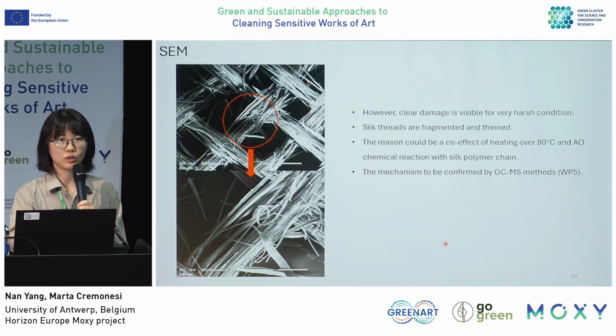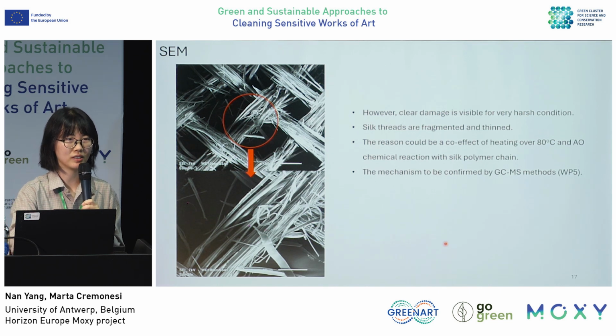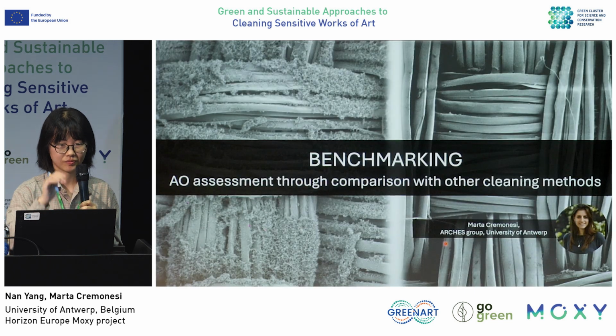the reaction between the silk and atomic oxygen, together with the heating effect. But this also is one of the tasks for VP5. So they will explain what are the changes in the silk polymer chain, and also from the volatiles they could detect.